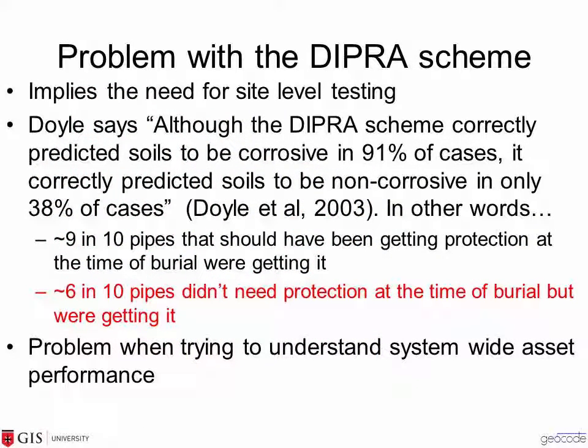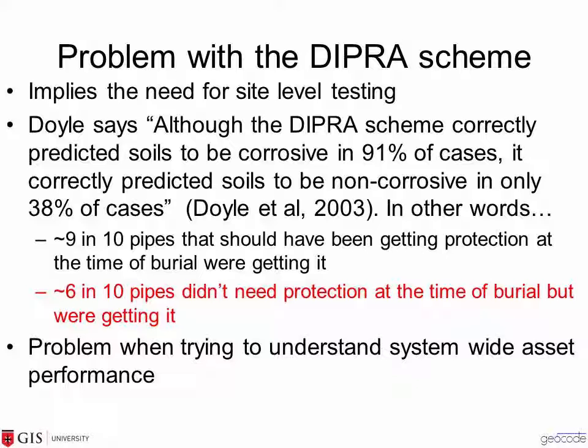The first is, even though we did imply that quantitatively in those last slides, the implication is that there is a need for site level testing. Doyle and colleagues say in their paper that although the DIPRA scheme correctly predicted soils to be corrosive in 91% of cases that they researched, it correctly predicted soils to be non-corrosive in only 38% of cases.